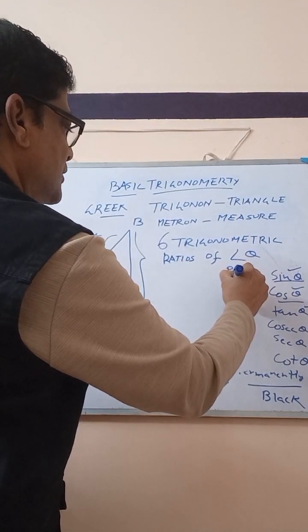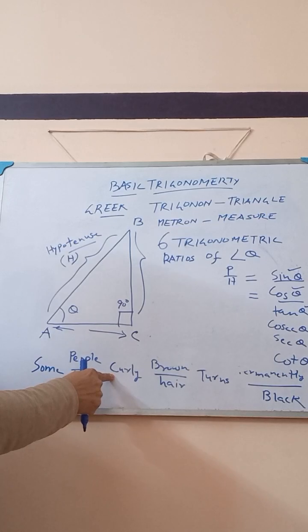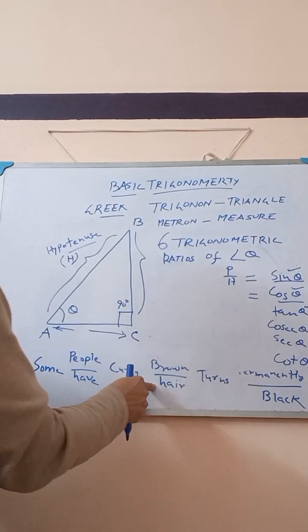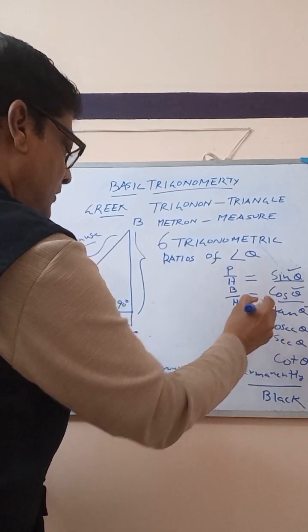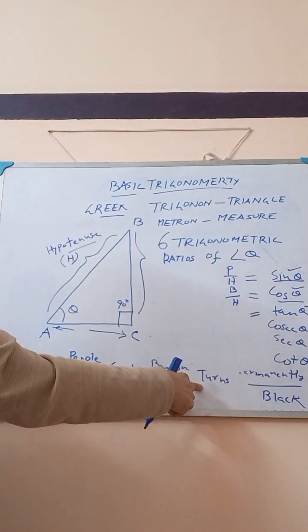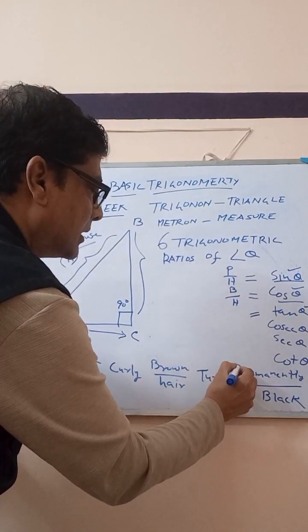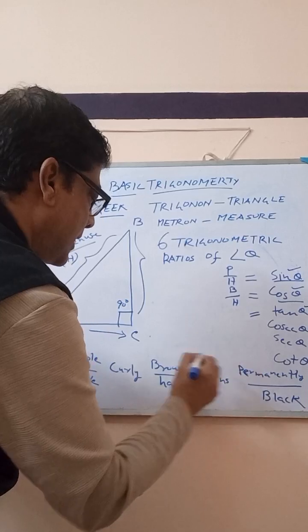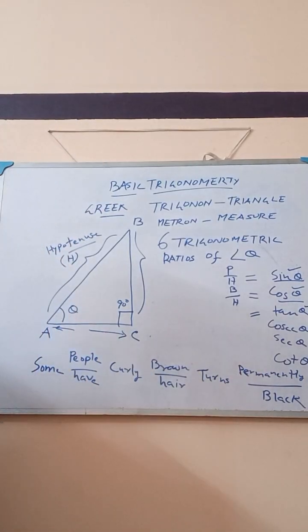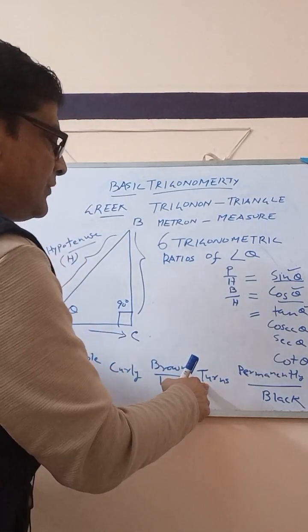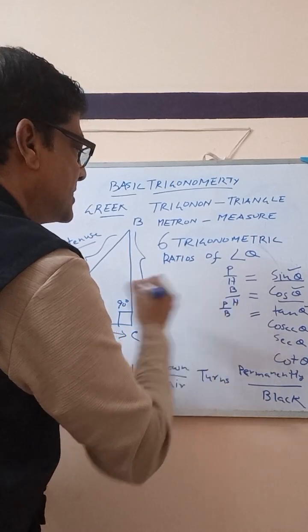Now, C stands for cos, so it will be B by H, that means base by hypotenuse. T stands for tan, so it will be P by B, that means perpendicular by base.